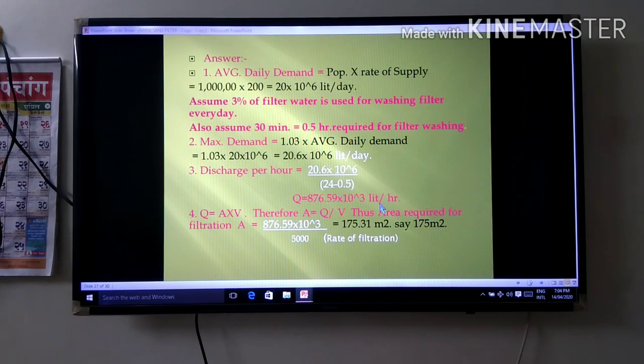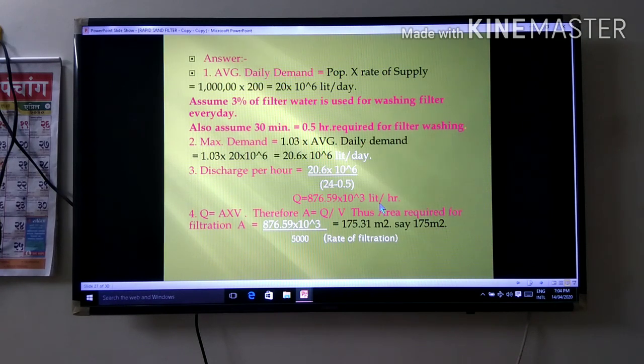First step, average daily demand. As you know, population multiplied by rate of supply. Our population is given 1 lakh and rate of supply is 200. So 1 lakh into 200 is equal to 20 into 10 raised to 6 liter per day.